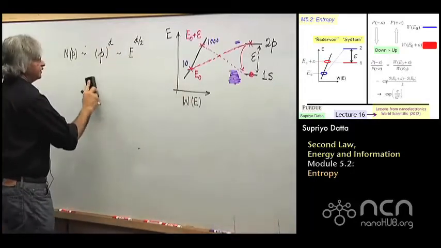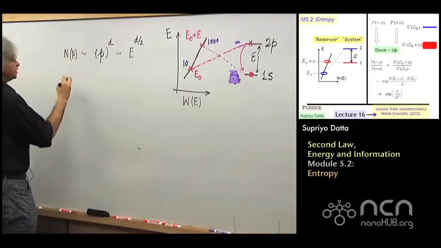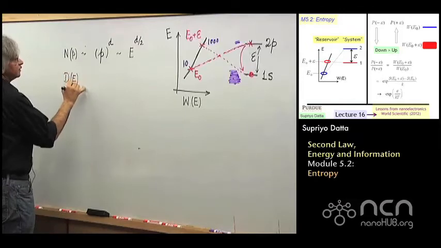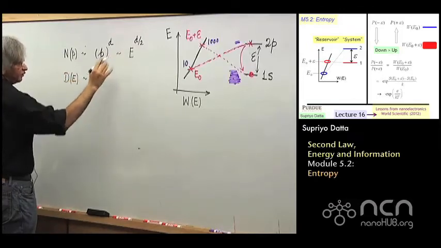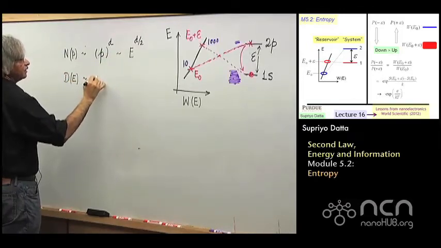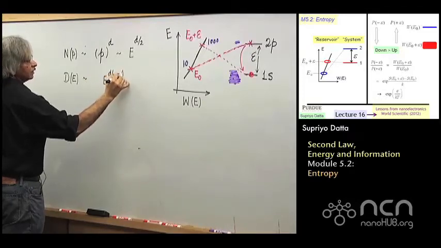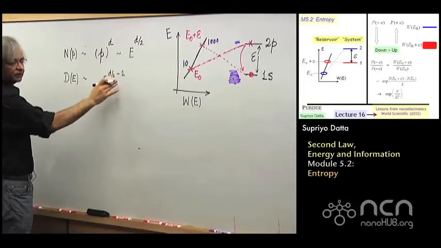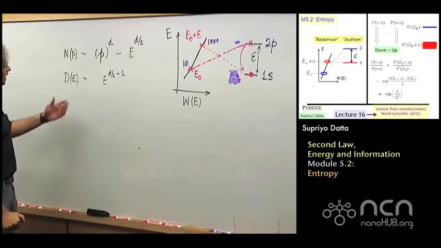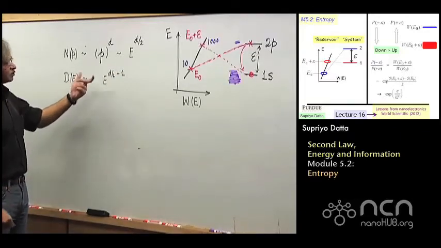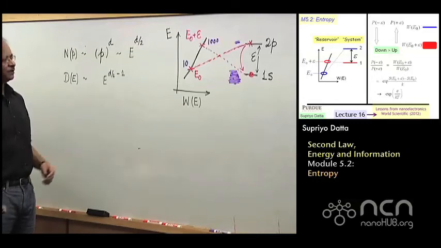And then when you take the derivative of that with respect to energy, that's how you usually got the density of states. When I take the derivative of that, you'd pick up E to the power d over 2 minus 1. When you take the derivative, you'd have that minus 1. And this gave us the density of states in 1 dimension, 2 dimensions, and 3 dimensions.